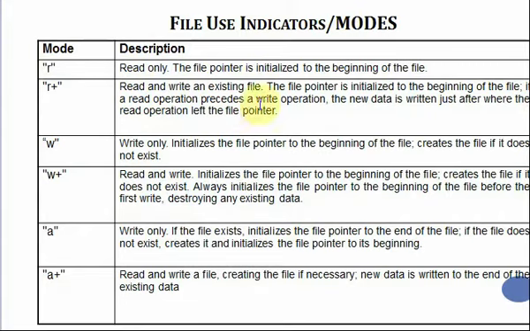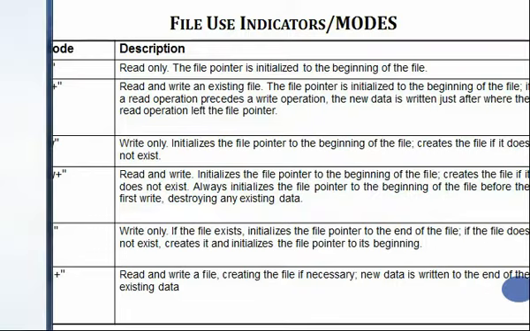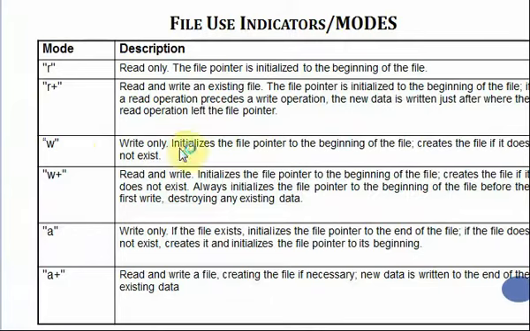If a read operation precedes a write operation, so first the read is done, the new data is written just after where the read operation left the pointer. What is the meaning of this? First you have the read operation, then you have the write operation.